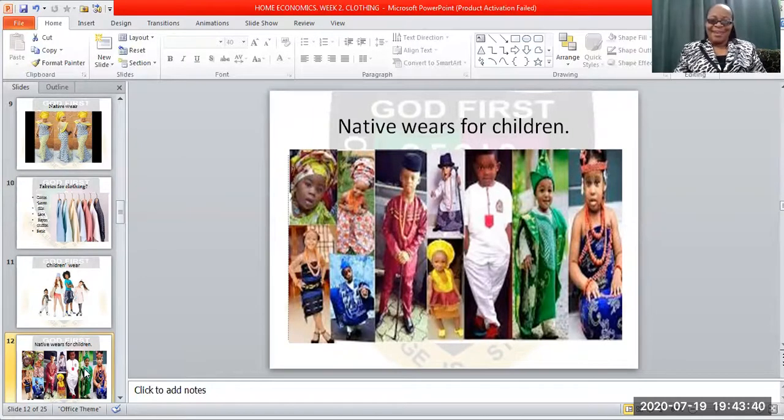Are we all together? One may decide which culture to display, which culture to follow, which culture to dress in.